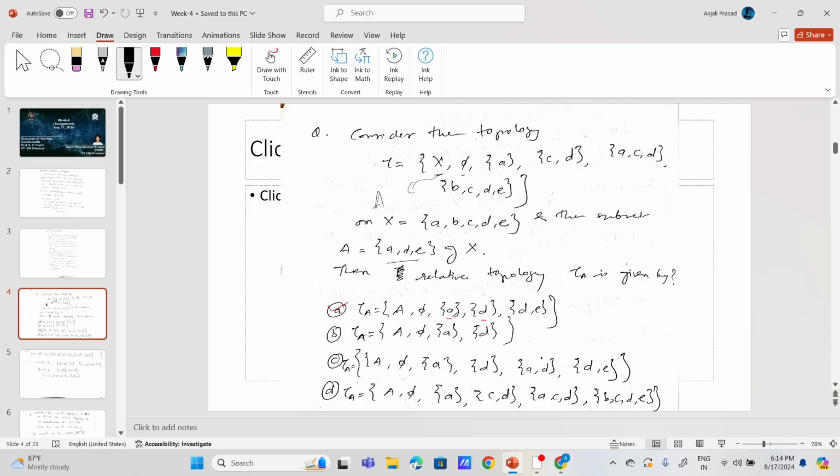That is ADE. So when you take the intersection of X with A, you will again get A, right? Then empty set and A, you will get empty set, right? Then for singleton A, intersection A, what will you get? Again singleton A, right? Similarly, take for all of these and see what set you are getting.